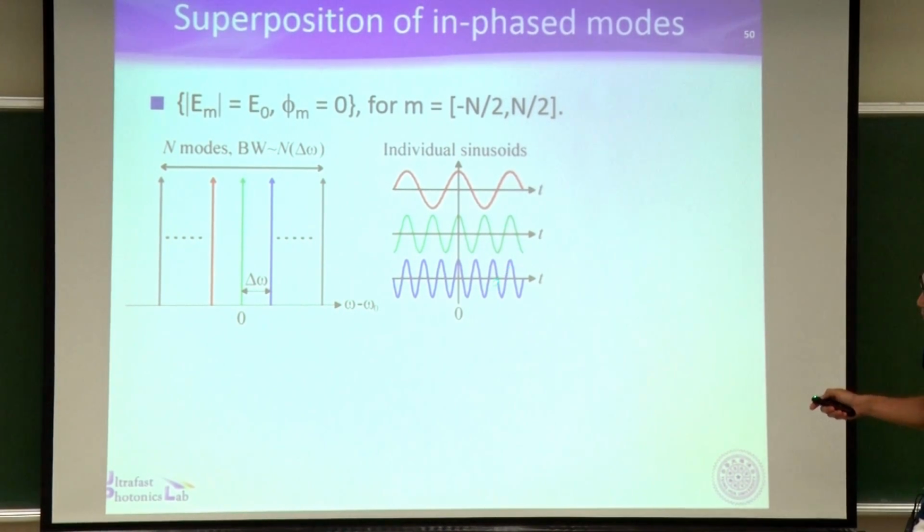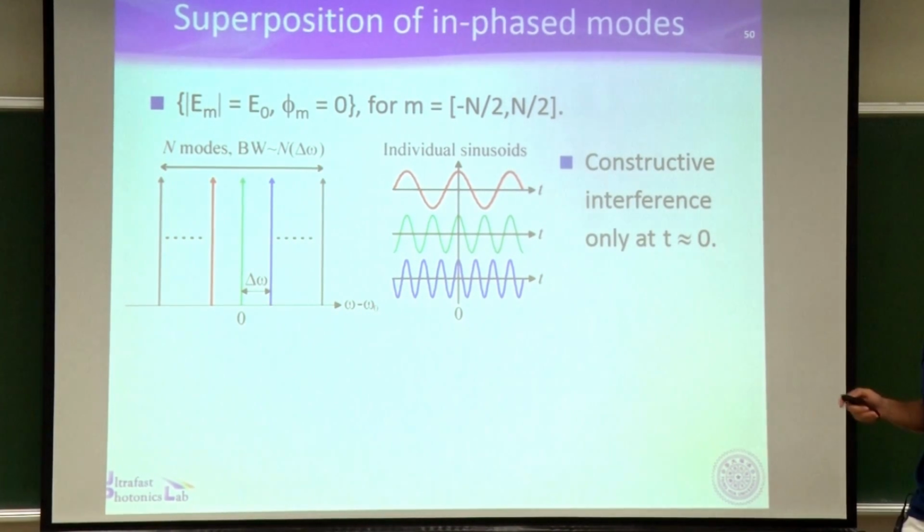Then what's the result if you superpose these sinusoids together? You can expect constructive interference around t equals 0, right? Because all of them are cosine functions. All of them are maximized at t equals 0.